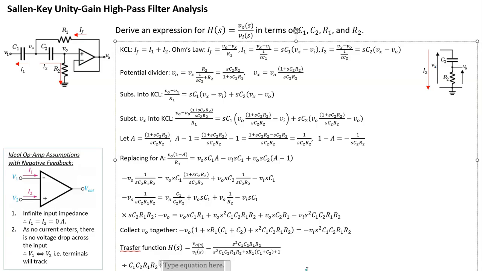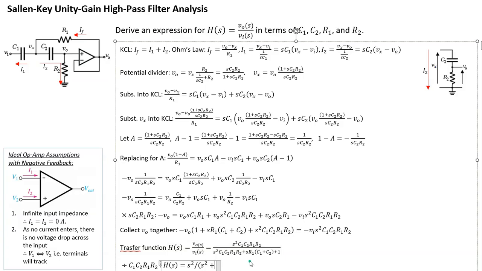H of s is equal to, so the top term will just be s squared, divided by this long expression. The first one is still just simply s squared, plus, now, if I divide this term with that term, the only thing that cancels out is R1.